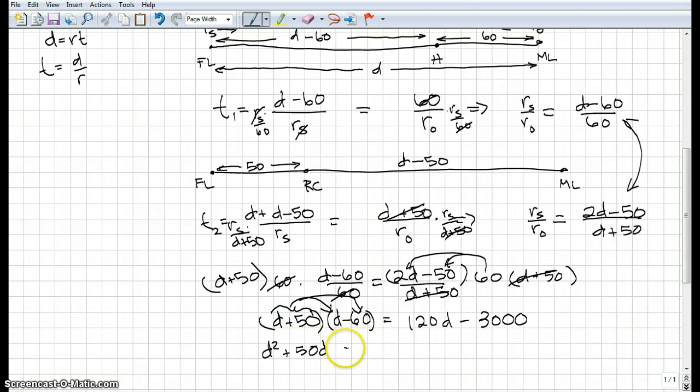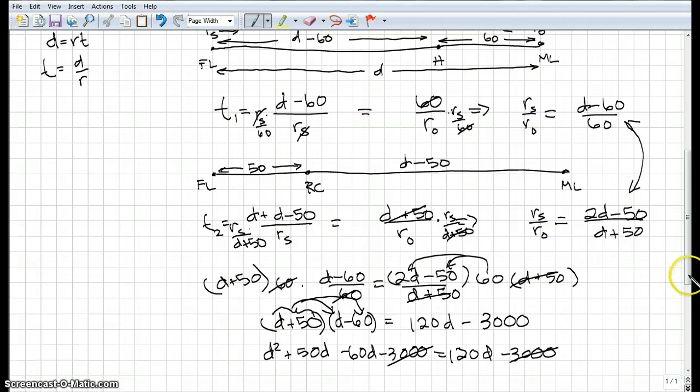So we get minus 60D minus 3,000. That's nice, because look, I still have this 120D minus 3,000 over here. Now I have 3,000 on both sides. I can just add 3,000 to both sides, and these 3,000s just go away. Alright, that helps.